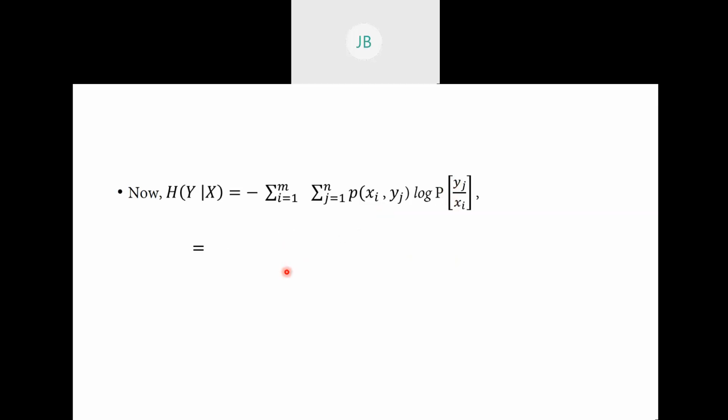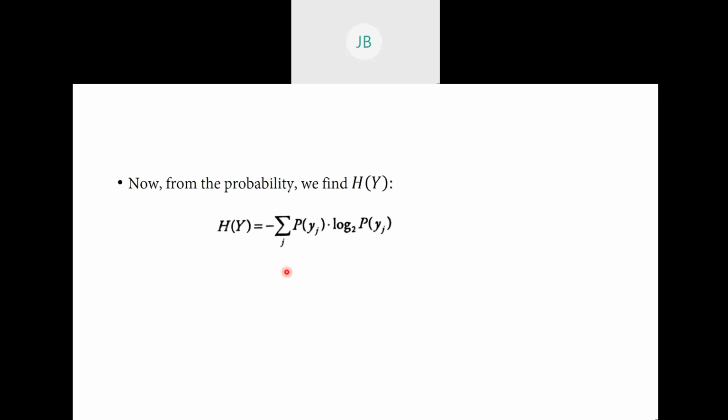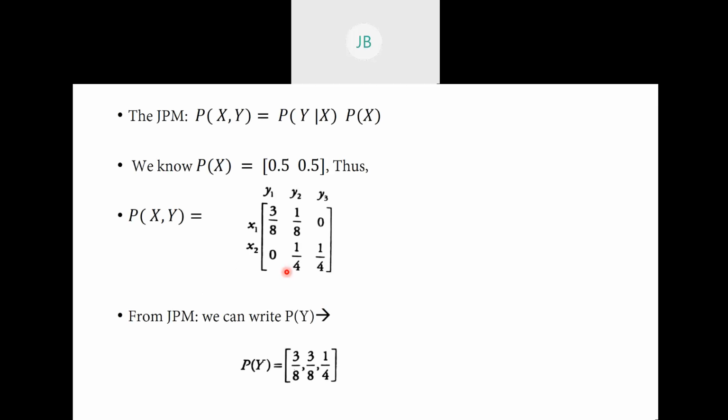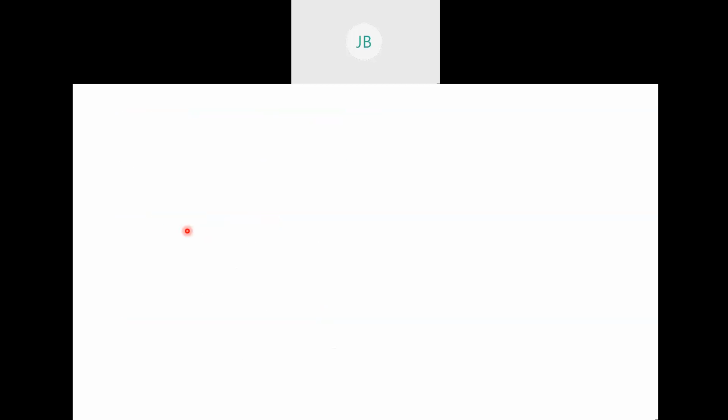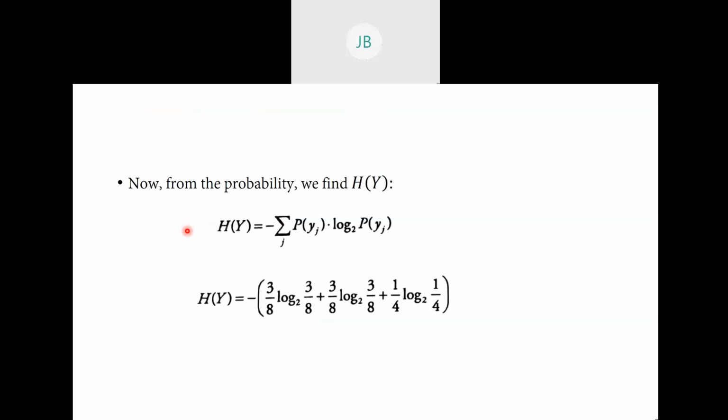Let me go back to show you that. That's the joint probability between x and y, P(xi, yj). We have the term 3 by 8 here, and we also need to find y given x.